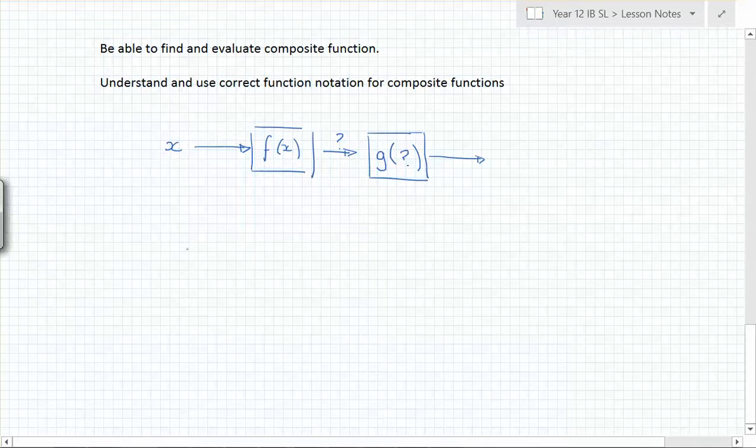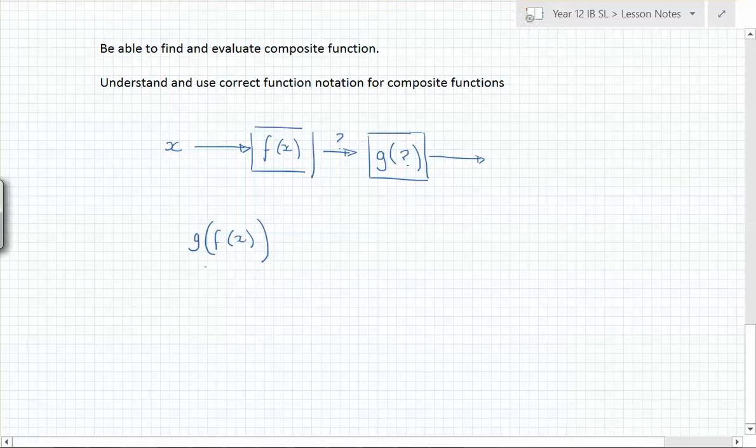So, for instance, this would be written such as I do f of x, but then I do g of f of x. Right? So that's one way you might see it.